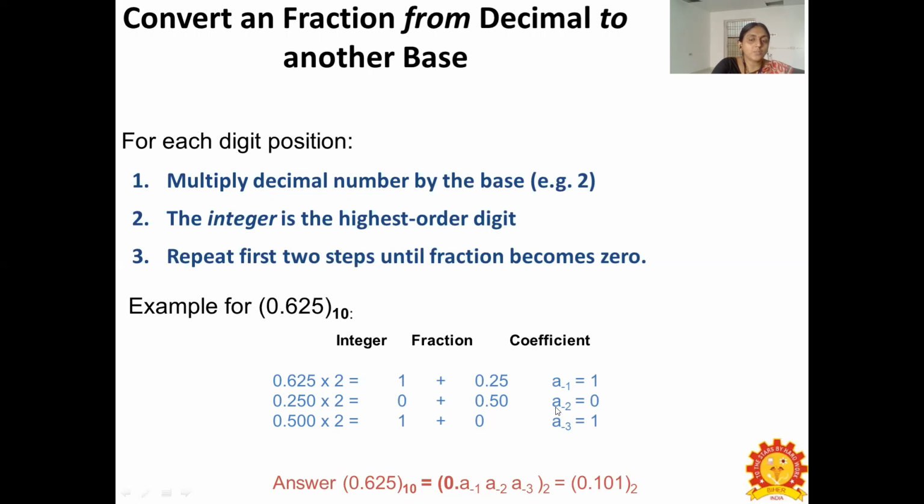So A power minus 1 is 1, A power minus 2 is 0, and next we multiply 0.5 by 2 and we get 1.0 as the value. So here 1 is considered as A power minus 3. So now we write from the most significant bit which starts with 101. Since it is a fraction, we write it as 0.101.